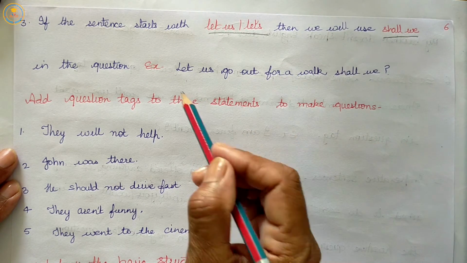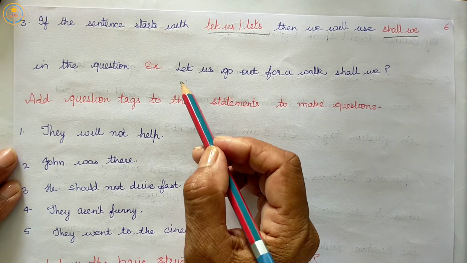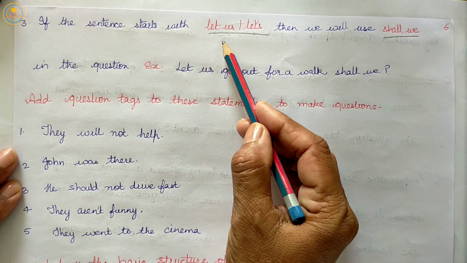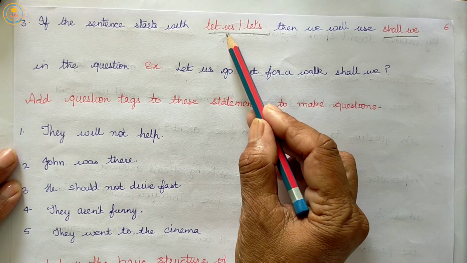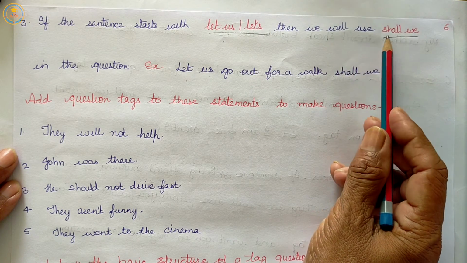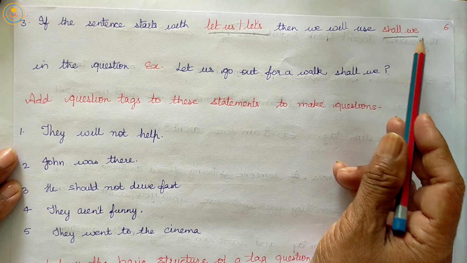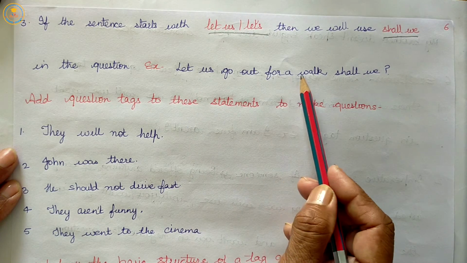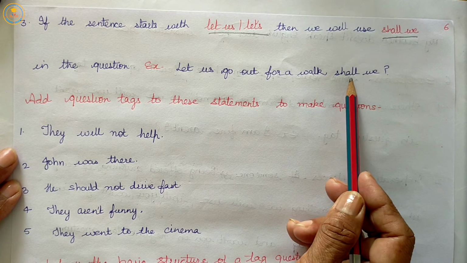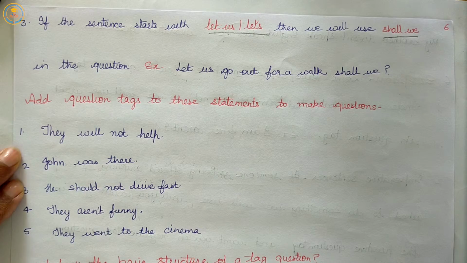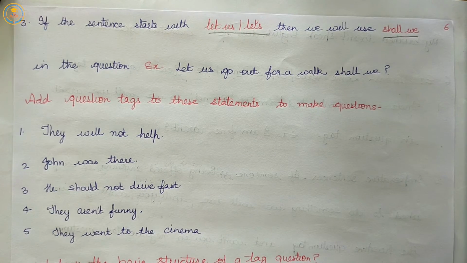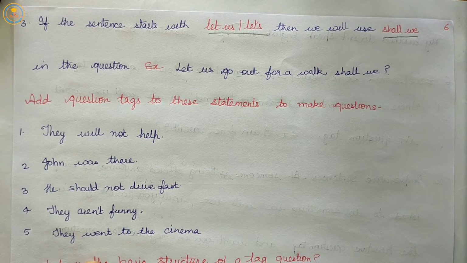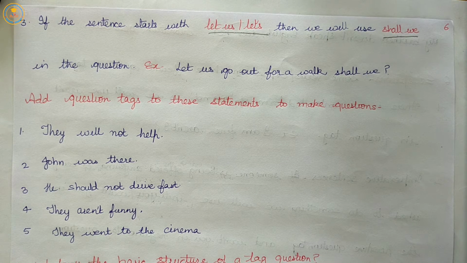Shall we? So here, if the sentence starts with let's or let us, then we will use shall we in the question tag. Example, let us go out for a walk. Shall we? Question mark.